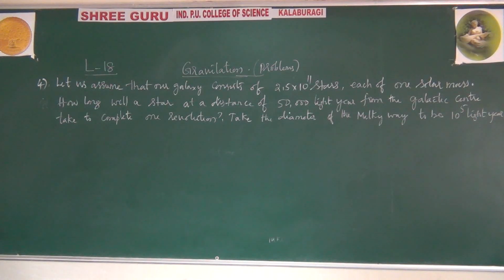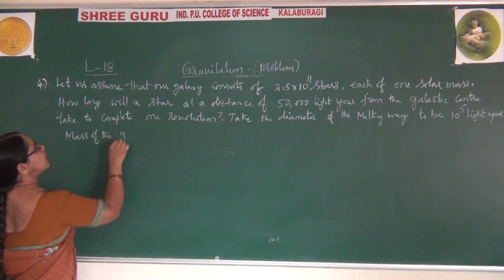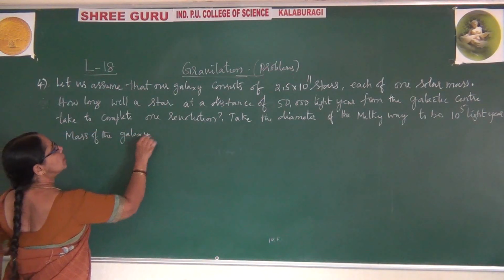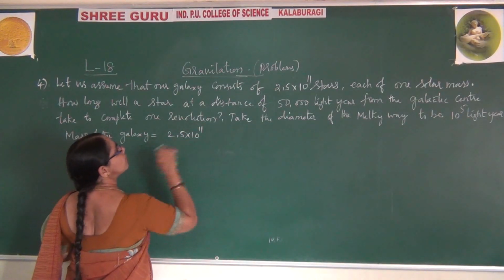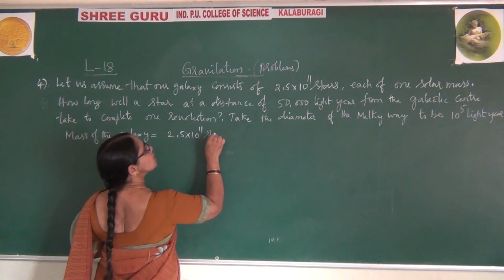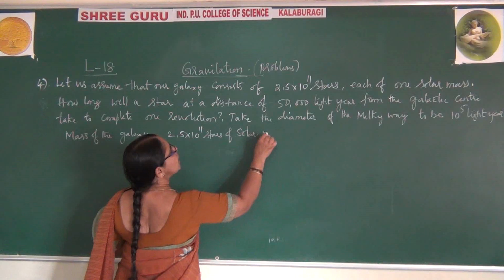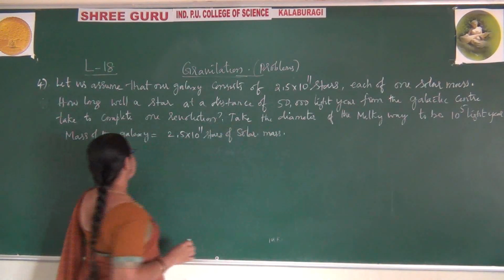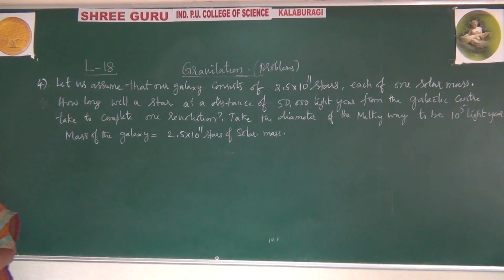Mass of the galaxy is equal to 2.5 10 raised to 11 stars of solar mass. Those many stars are there, of solar mass they have given.